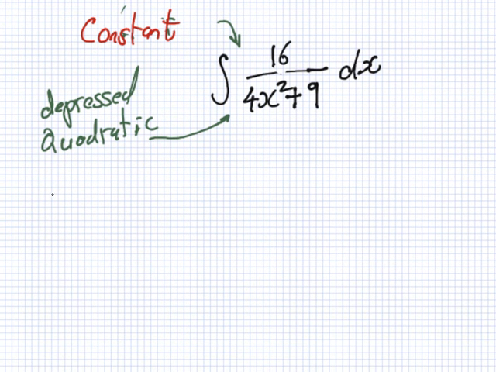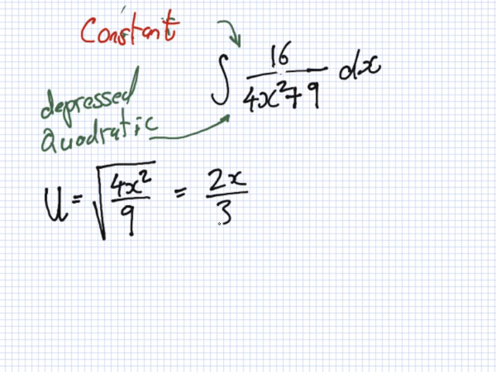You let u equal the square root of the first piece over the second piece. So this would then become 2x over 3, or in other words, 2 over 3 x.